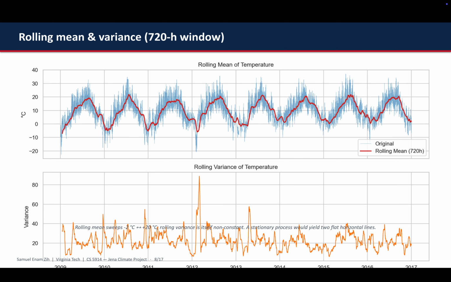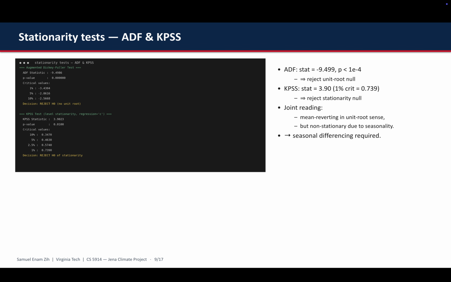Stationarity tests, ADF and KPSS, two formal tests captured straight from my Python script. What you see on the left is the actual terminal output. The Augmented Dickey-Fuller statistic is minus 9.5, far below the 1% critical value of minus 3.43, with a p-value below 10 to the minus 4.